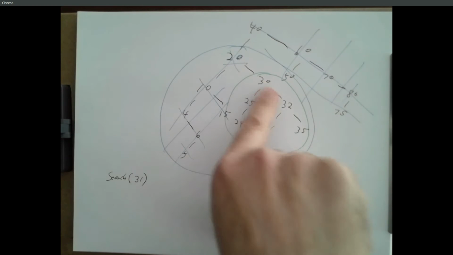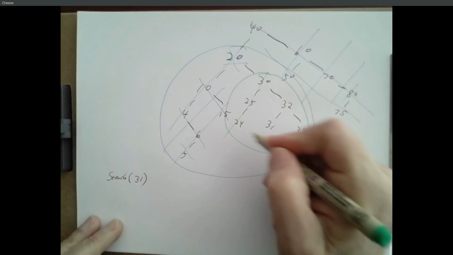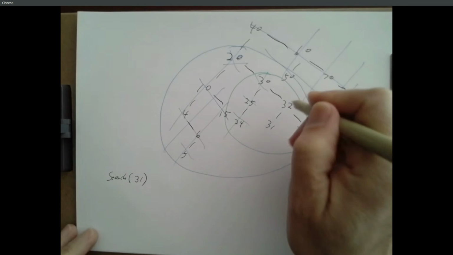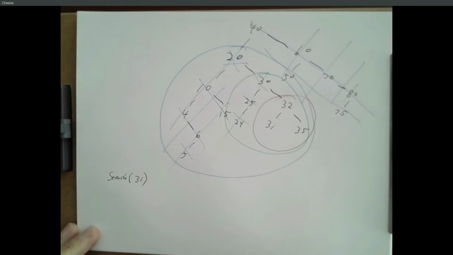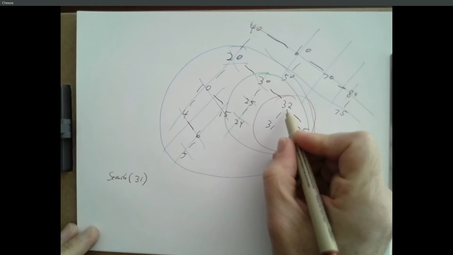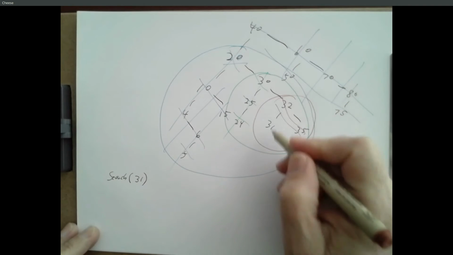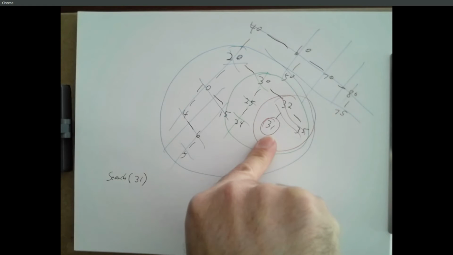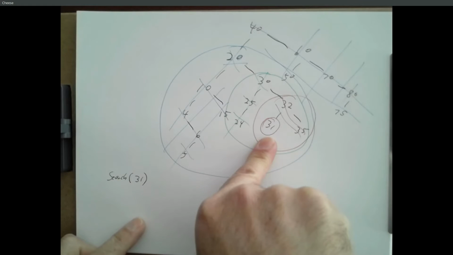Well, the root's not 31, but 31's bigger, so we can ignore all of this. And let's search here. It's not 31, but 31 is smaller than that, so we can ignore this. Let's just search this subtree. And now when we say, hey, let's check the root, hey, it's 31. We found our 31.